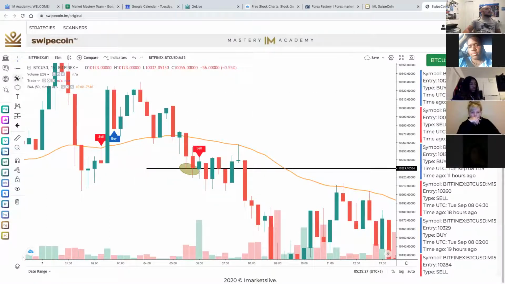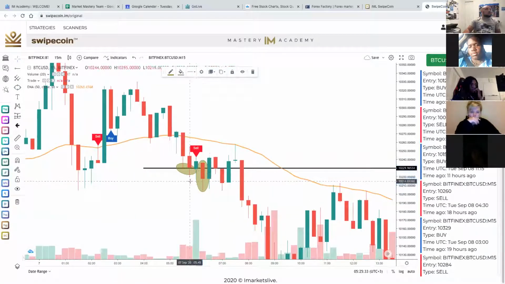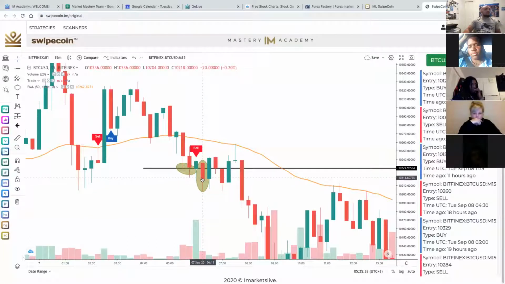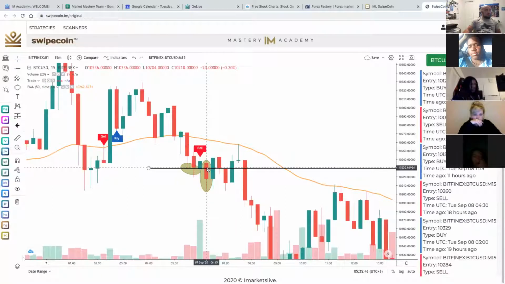This candle right here, my friend, you see this candle? What did this candle do? This candle broke and closed, which is step 3, underneath of this level here. Here's where you would have entered this trade. Okay? This is where you would have entered the trade right here.